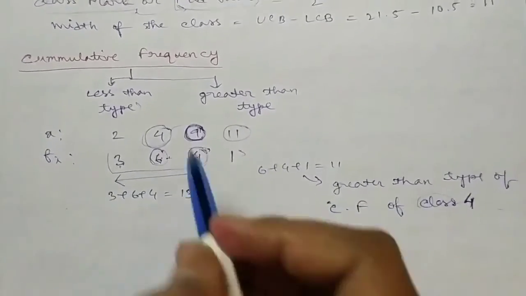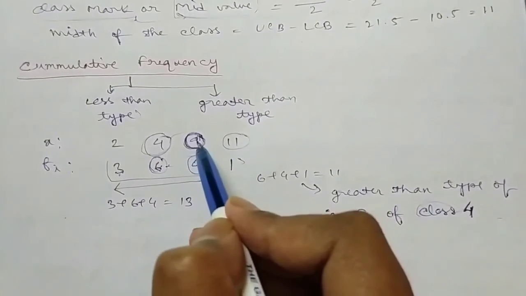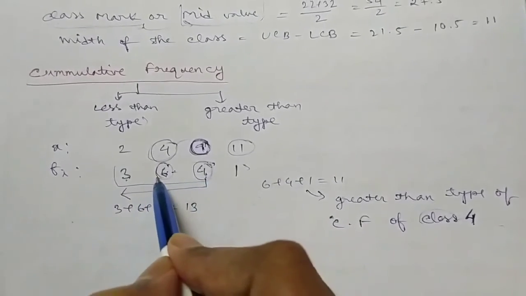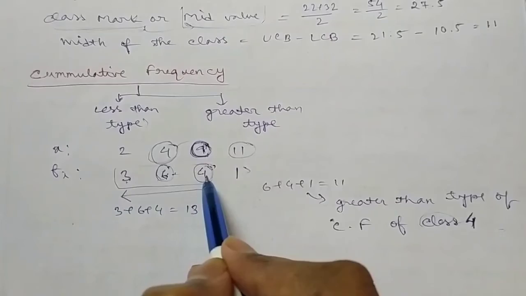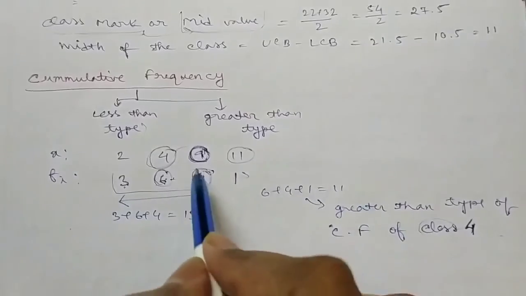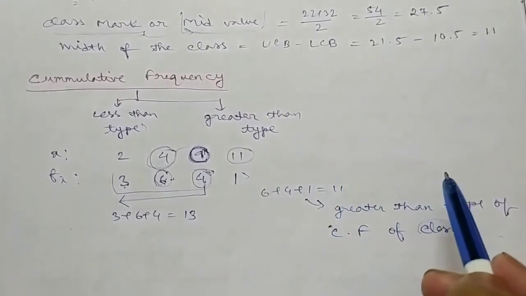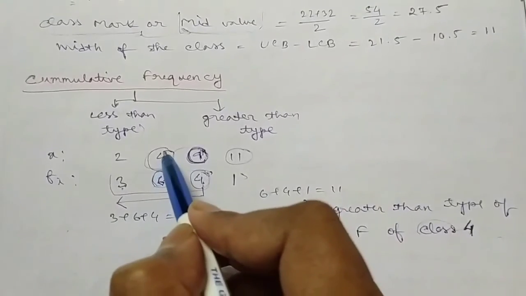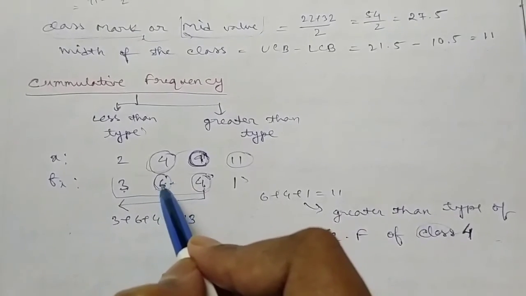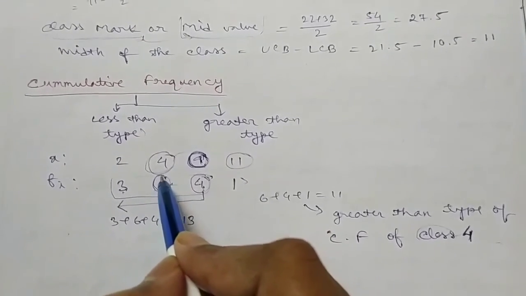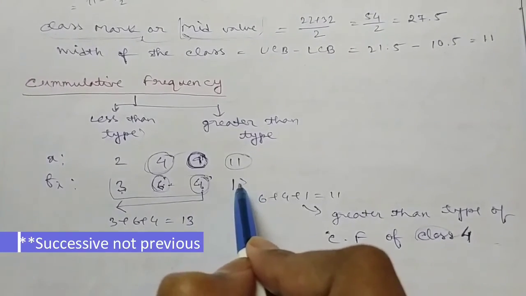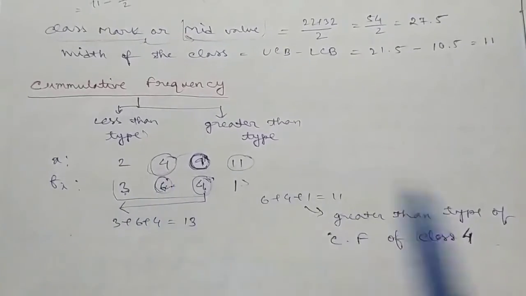So to clear the concept: for less than type, we see the frequency of that corresponding class, and then we add all the frequencies previous to that frequency. And if we ask for the greater than type of cumulative frequency for a certain class, then it will be the sum of the frequencies following the corresponding class plus the frequency of that class.